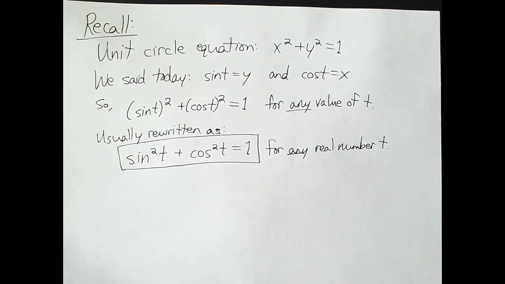This notation might seem a little weird, where we're putting the squared. Sine is getting squared. But it's understood that what we just wrote means what we had on the previous line. So this is an interesting fact about how sine and cosine are related to each other. It's true for any real number t.